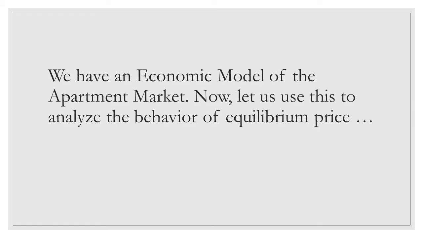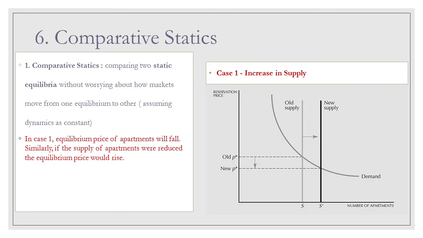And in case there is a price fall from the equilibrium level, that is, apartments are available at a very cheap price or within the reservation price, definitely high demand is going to be there. So that makes the market more competitive, right? But now let us see, taking this basic model, how the equilibrium price behaves in different situations.